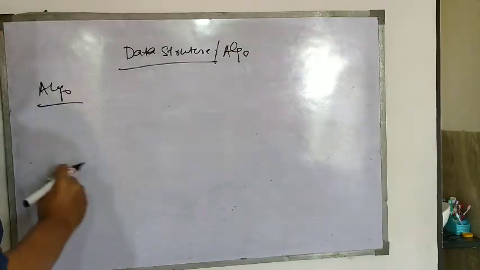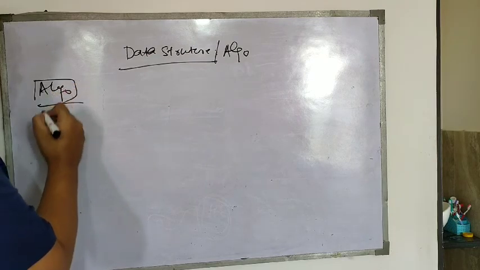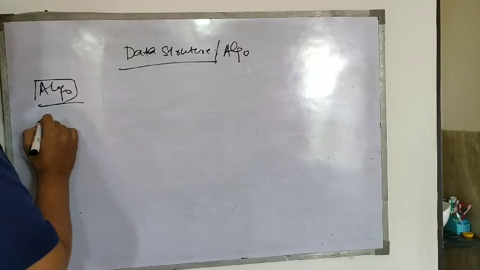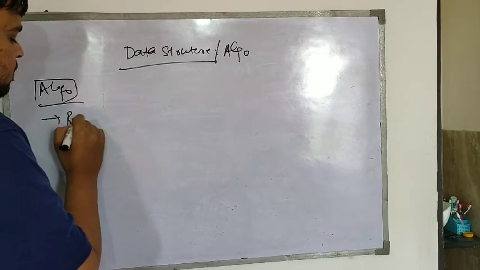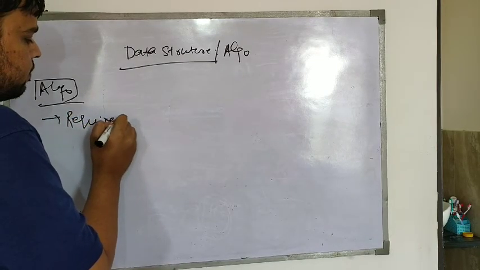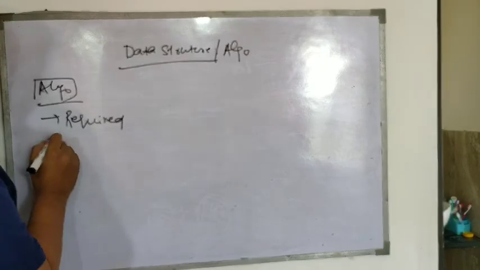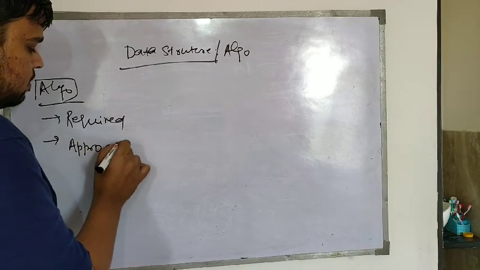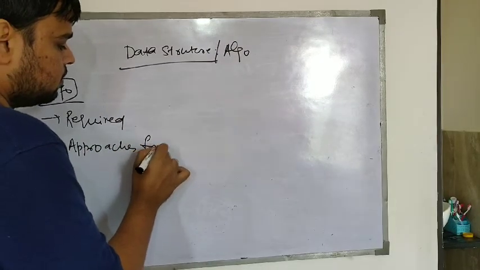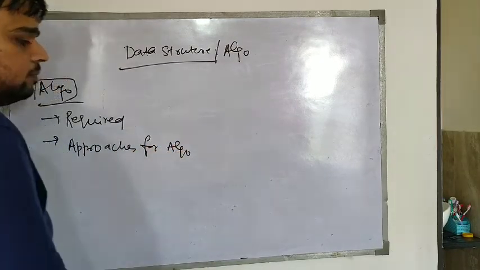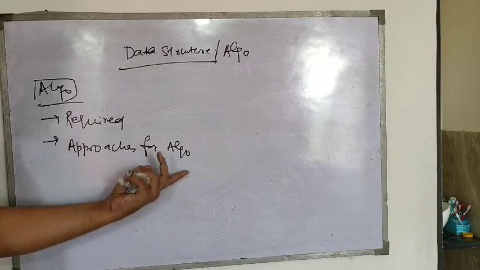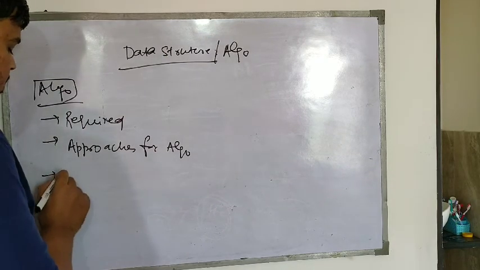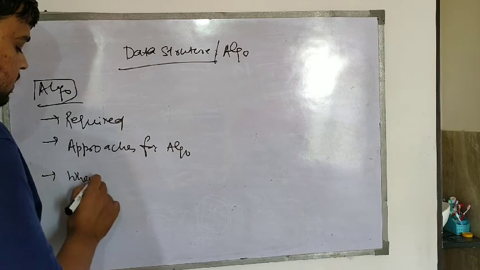So first we will cover what is an algorithm and why it is required, what are the different approaches for algorithms, we can say what are the different kinds of algorithms and what kind of sorting are there.